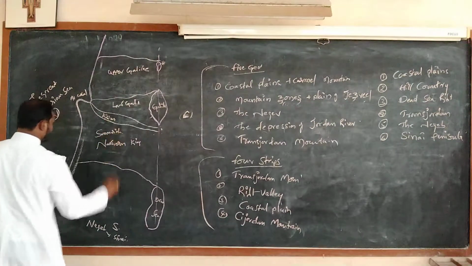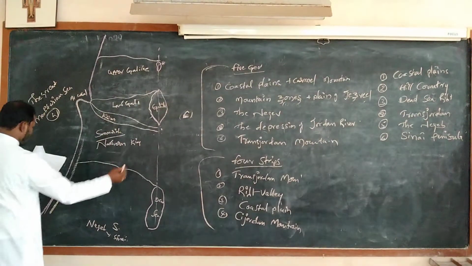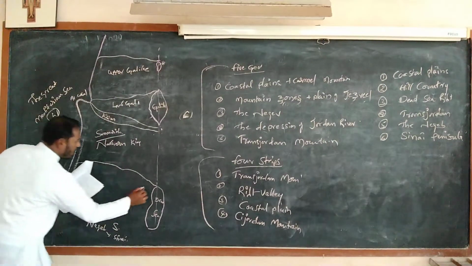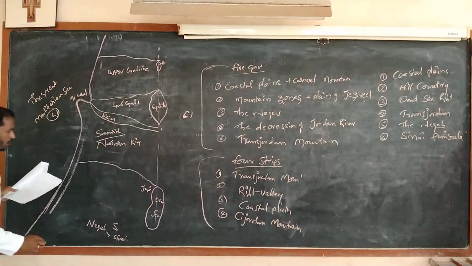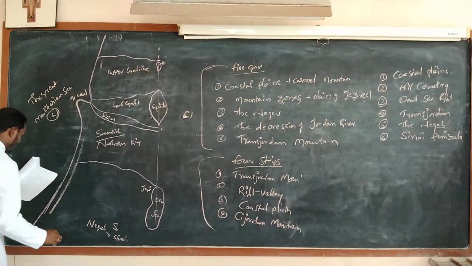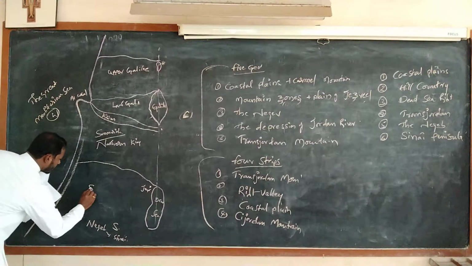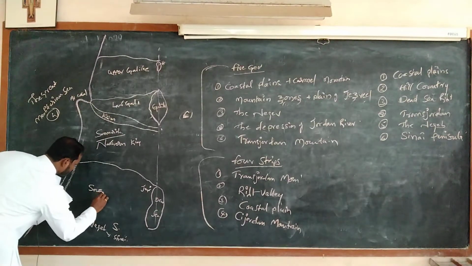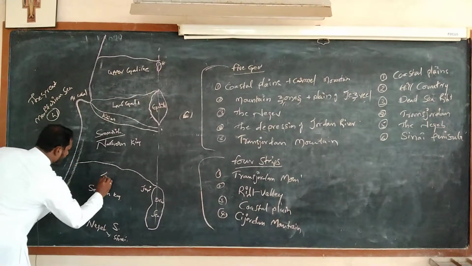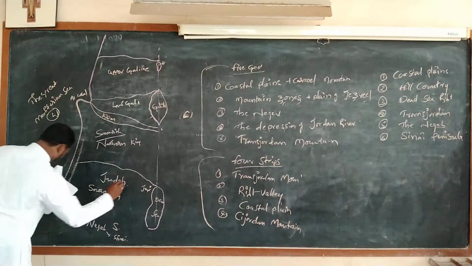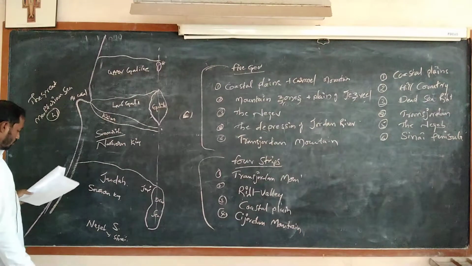Then we have here Jerusalem. Jerusalem is here. Then this is called Southern Kingdom, Southern Kingdom or Judah.